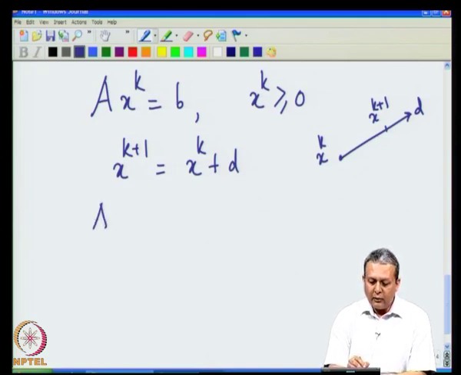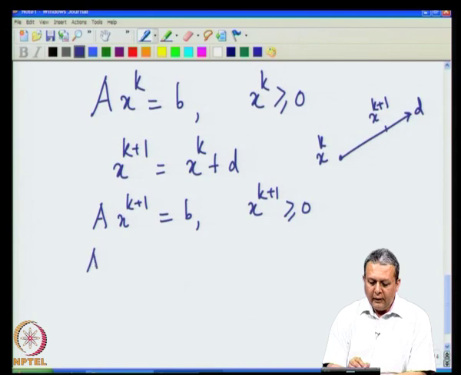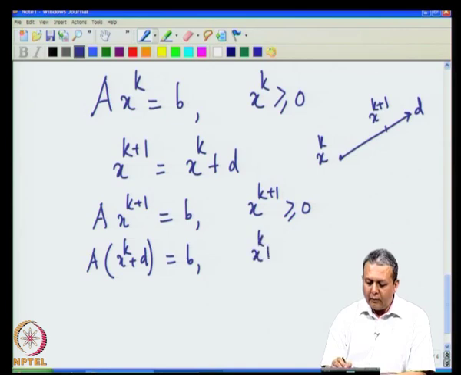So, we also need to have A x_{k+1} equal to b and x_{k+1} greater than or equal to 0. So, therefore, A(x_k plus d) should be equal to b and x_k plus d should be greater than or equal to 0.